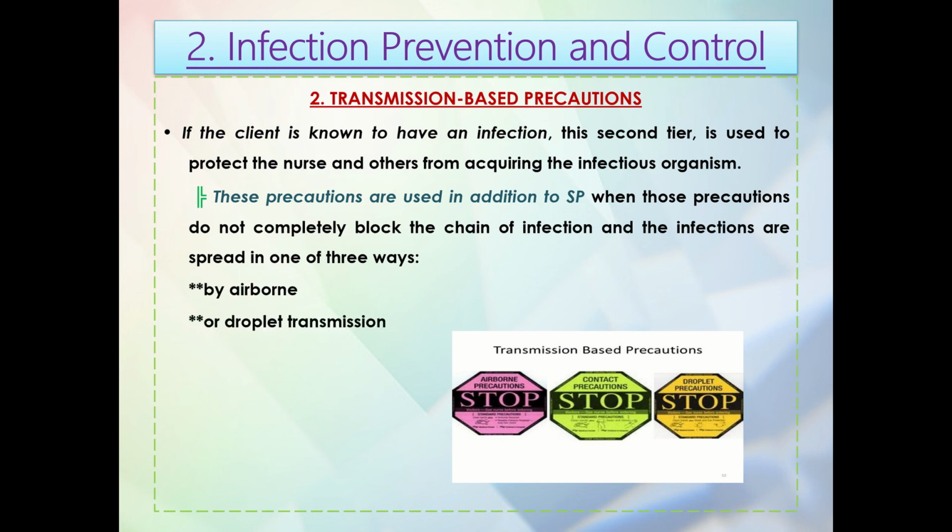So, when those precautions do not completely block the chain of infection, the infections are spread in one of three ways. So you have airborne, droplet transmission, or by contact. So ito yung mga ginagamitan natin ng transmission-based precautions, and for each way, meron tayong specific guidelines.